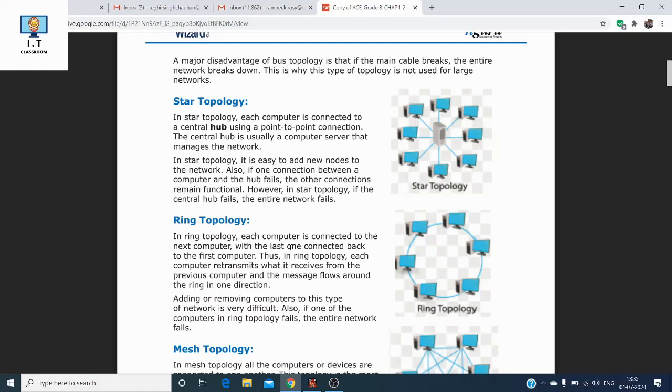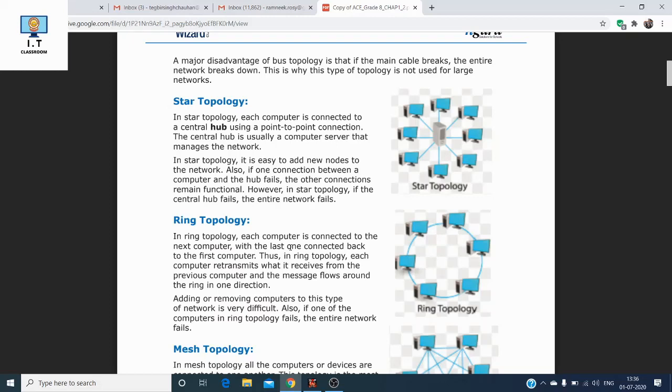In this kind of topology, a connector called a hub is placed at the center to which all the other nodes are connected. As you can see in this picture, one hub is placed at the center to which all the other nodes are connected.